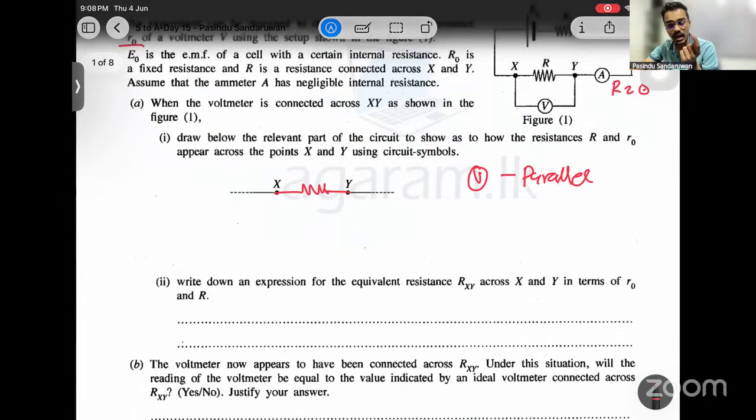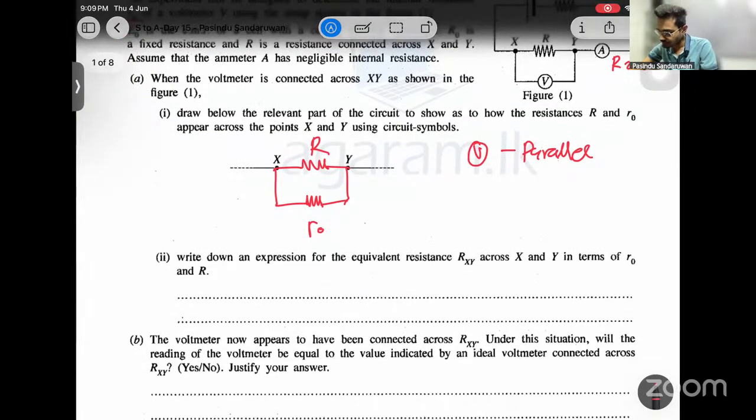Then that R naught will be connected parallelly with R because we are connecting a voltmeter parallelly between X and Y. Draw the relevant part of the circuit to show how R and R naught appear; no need to draw the voltmeter, only the resistors R and R naught.